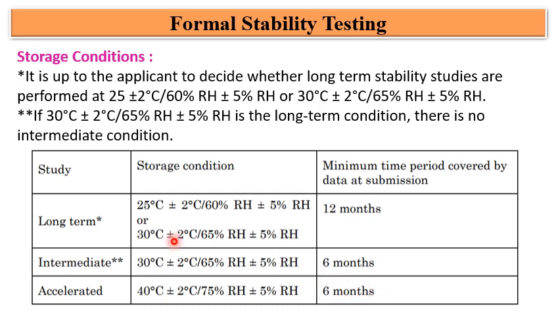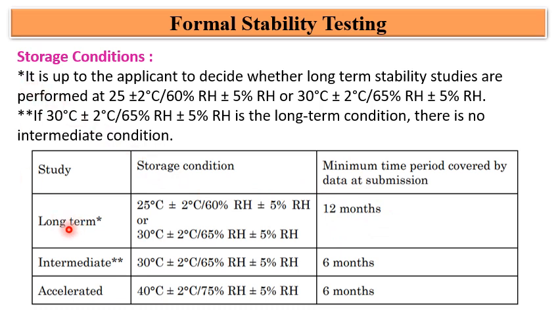Generally, by the applicant, this long-term and intermediate study is done for 12 months to have better understanding of the product. And long-term is also done for that period of time which is to be given as a retest period. So up to 5 years, this long-term condition is studied by some of the applicants.